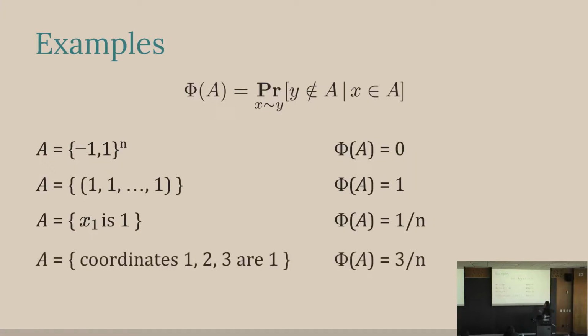Similarly, if A depends on more than one coordinate, then the conductance is a constant number of times 1/n. So the examples that we want to keep in mind are A being just the indicator of one element, or A being the indicator of one coordinate, which is half the elements in the cube.